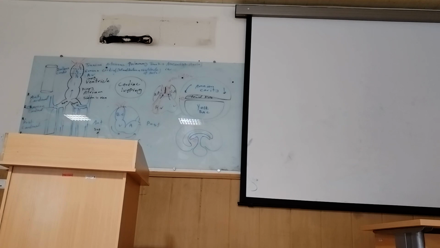The anterior cardinal veins bring blood from the head and neck and upper limbs, the posterior from the lower limbs and abdomen, the vitelline from the future intestine, and the umbilical from the umbilical cord, from the mother, from the placenta. They bring blood from the placenta, from the mother.